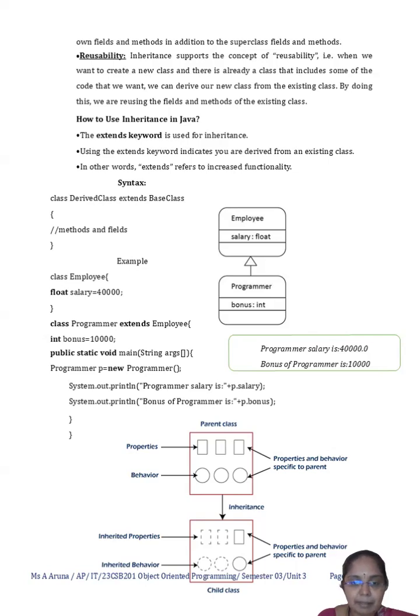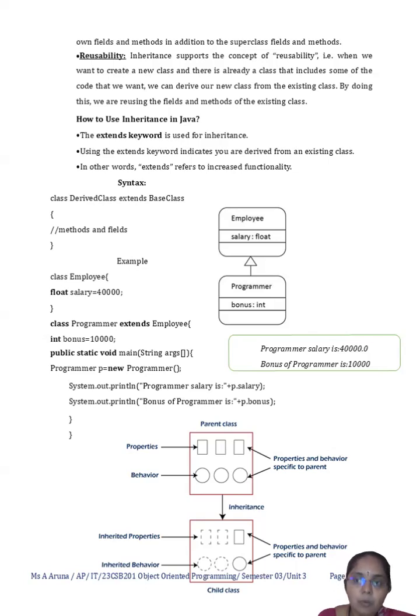Then I have started my main. I created an object for my Programmer class, that is the child class, and I displayed both variables. By using the child class object itself, I can access my parent class, so through that object I can display my salary and bonus. The output of this program is salary is 40,000 and bonus is 10,000.